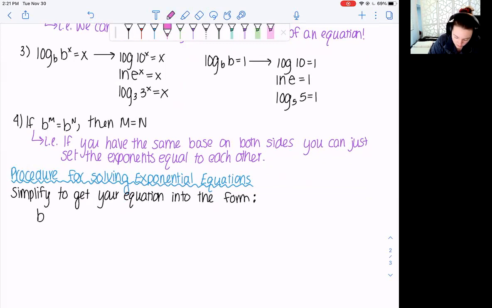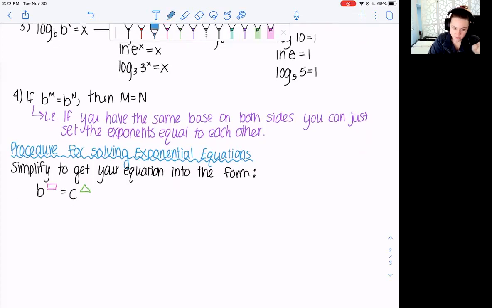So you want to get it into the form where you have b raised to the whatever is equal to c raised to the whatever. That is the goal. You want it in this form. There's two things that can happen from here. One, b and c can share a common base.